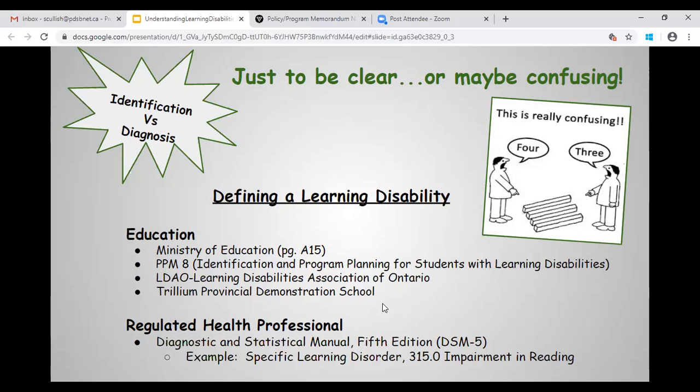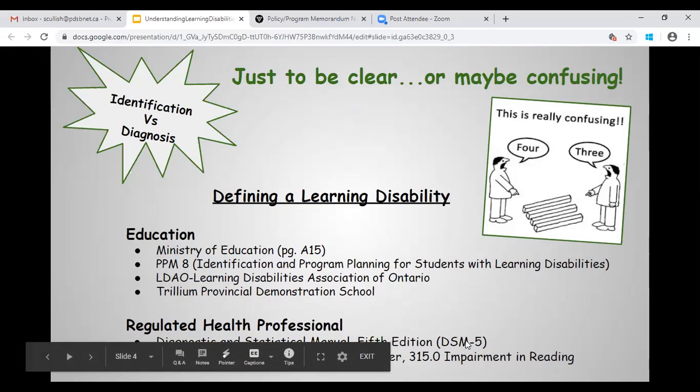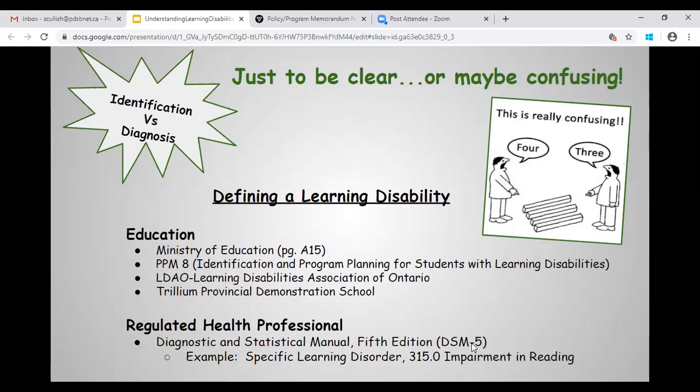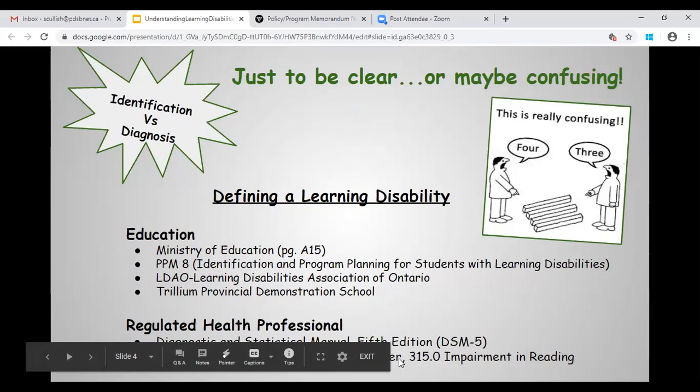And they generally follow what's called the DSM-5, the Diagnostic and Statistical Manual, which is a manual for assessment and diagnosis of mental disorders, and it's used by regulated health professionals. So within the DSM-5, we do have the diagnosis criteria for a learning disability. In the DSM-5, it's called a learning disorder. So that might be a little bit confusing, it's just the language that they use.